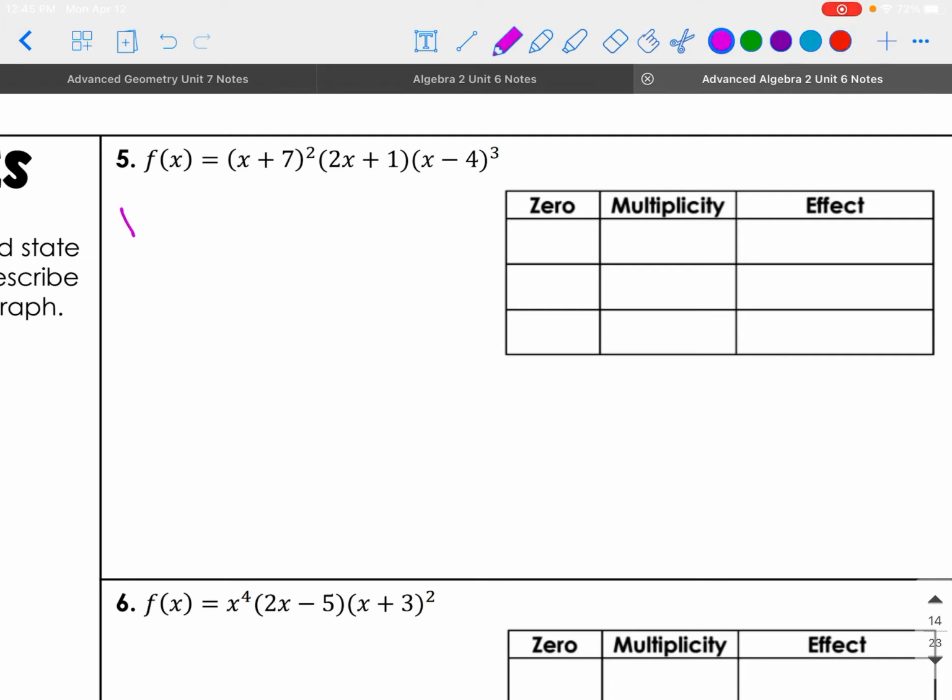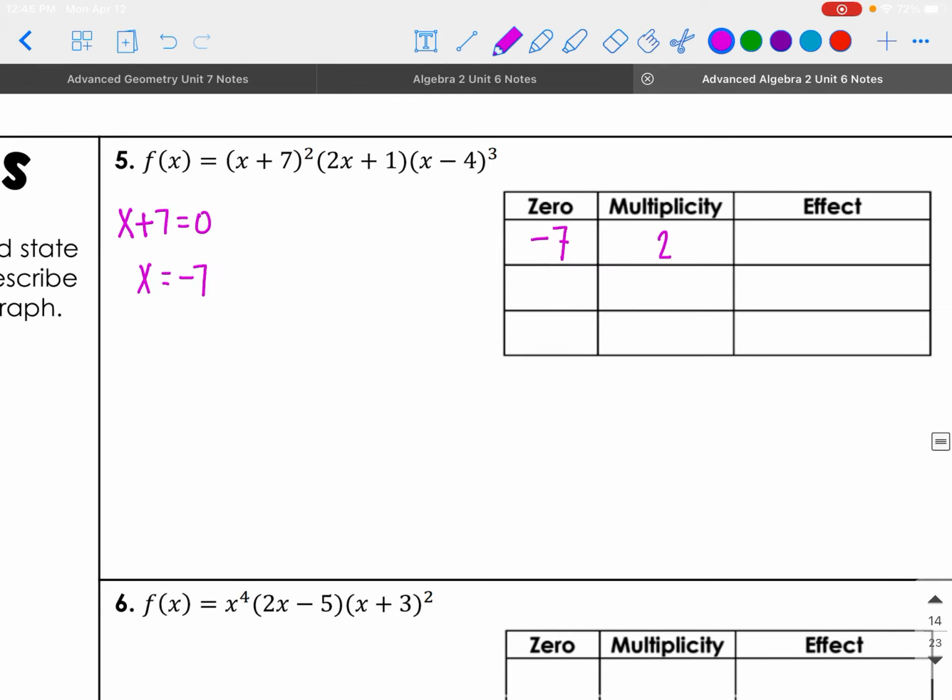So the first one, x plus 7 equals 0, you know that we subtract 7 to get x equals -7. So the 0 is -7. It has a multiplicity of 2. And because that's an even number, it bounces.